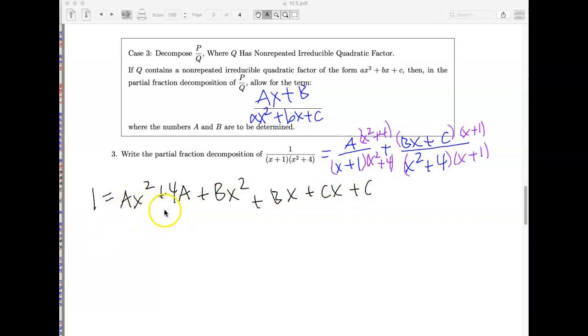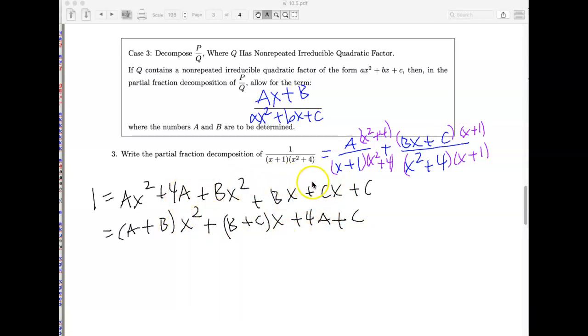Okay, so same idea as the other times, we're going to equate the x² terms. So I'll have (A + B) times my x², plus (B + C) times my x, and plus 4A + C as my constant.